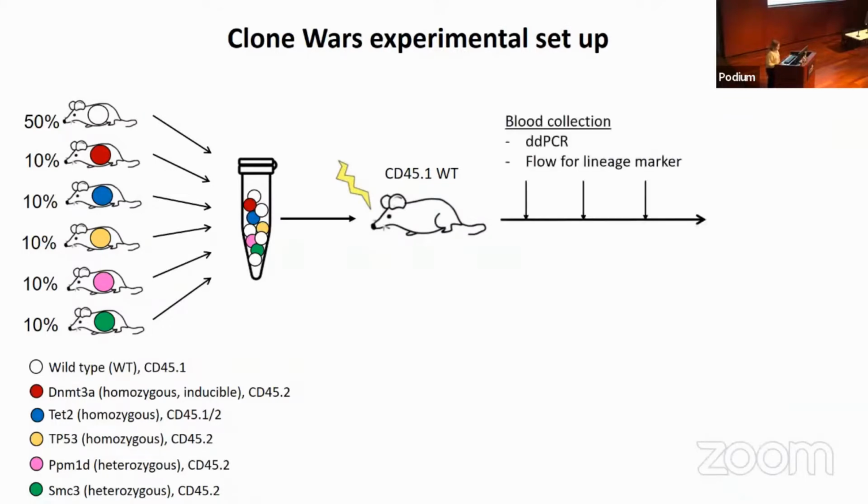After successful transplant, we collected blood to look at the expansion of those mutant clones over time using digital droplet PCR, and also stained for lineage markers, meaning B cells, T cells, and myeloid, to follow the development over time in the blood.